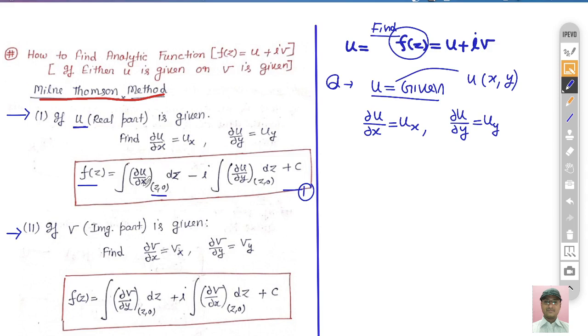Whatever the result will be, it will be in the form of z, and you can directly integrate and get the result. In a similar way, minus iota integration of del u by del y, you put the value of del u by del y here, and again in place of x you replace it by z and y is replaced by 0, right? Once you integrate, you will get this complex function f(z), right?